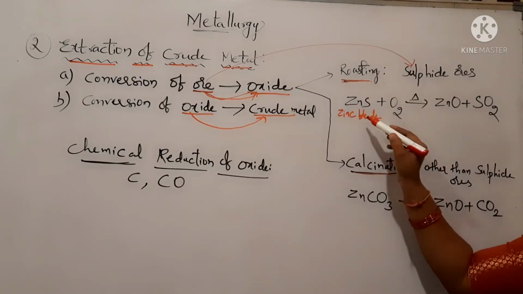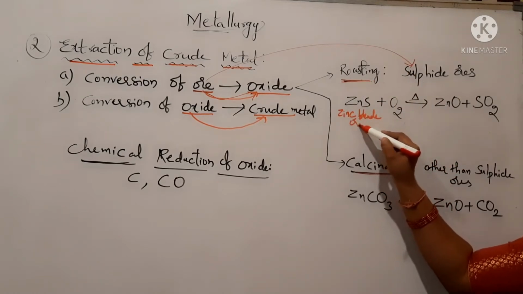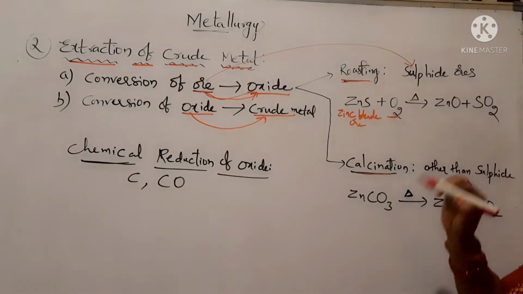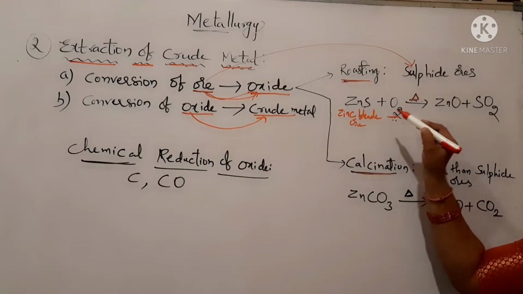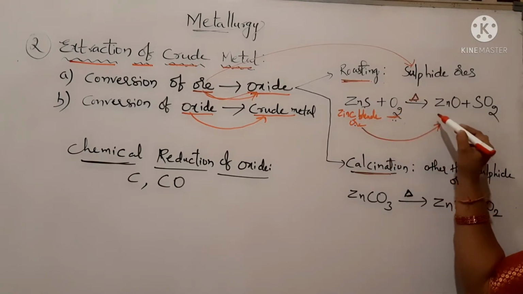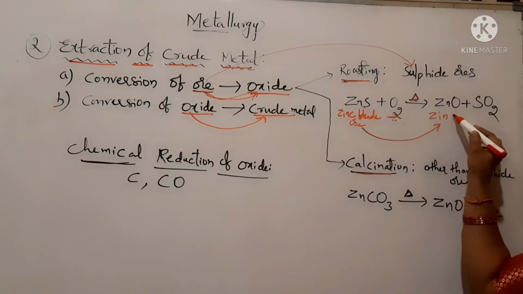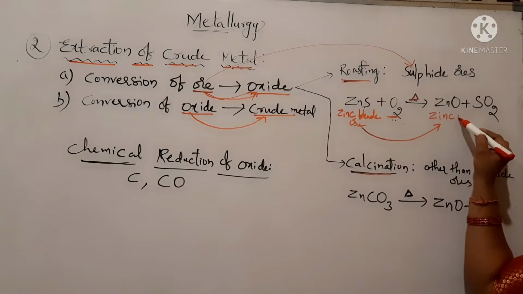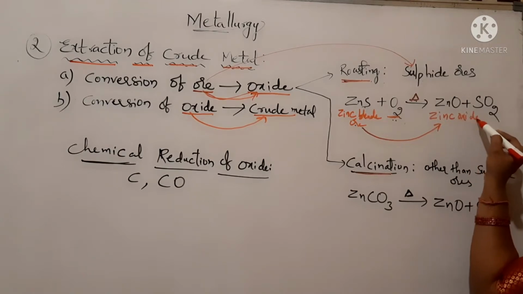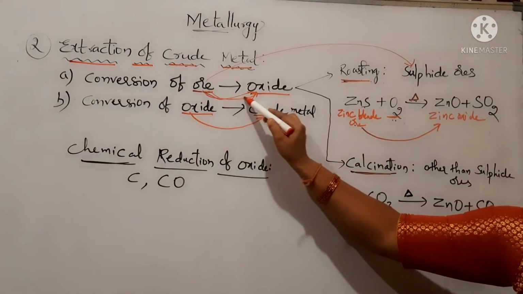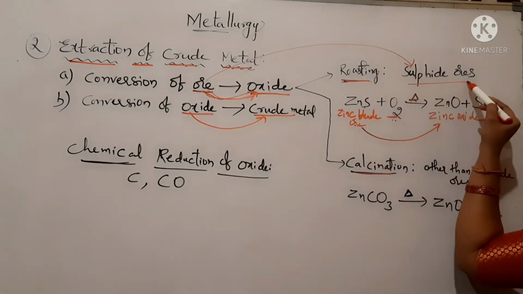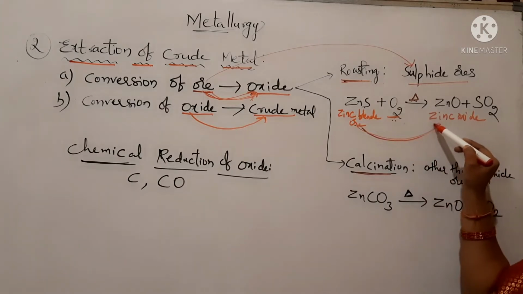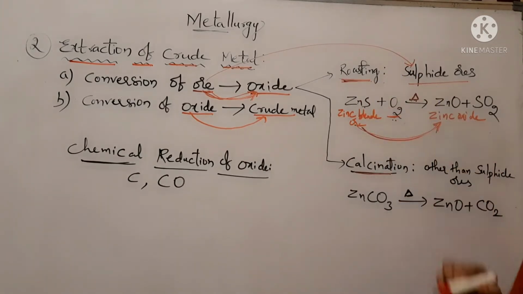In roasting, you have to heat the ore in the presence of oxygen. This delta symbol indicates heating. Then the ore is converted to oxide. Here the zinc sulfide, that is zinc blende, is converted to zinc oxide. So a sulfide ore is specially converted to oxide by a process called roasting.